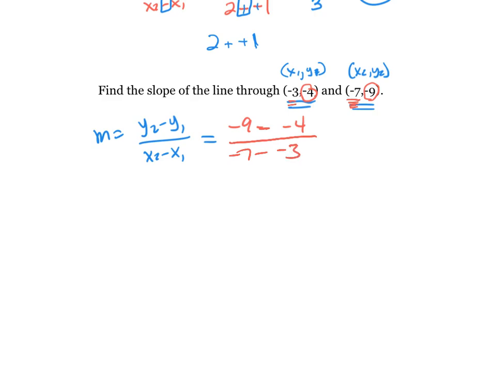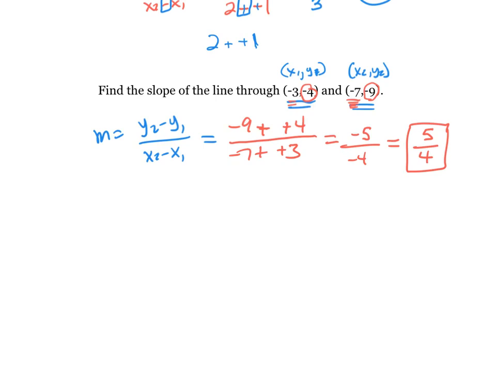So now, remember, when we're subtracting a negative, I can change that to adding the opposite, which turns them both into addition. So now it's -9 plus 4, which is -5, and -7 plus 3, which is -4. A negative divided by a negative is positive, so I should simplify that to 5/4.